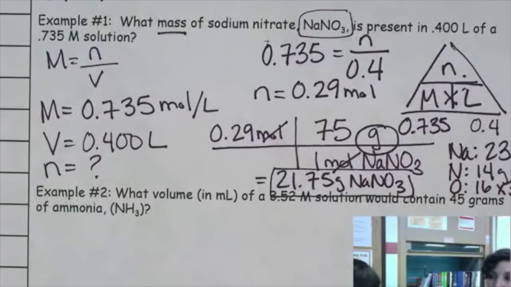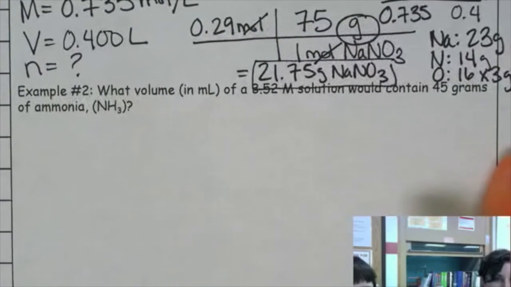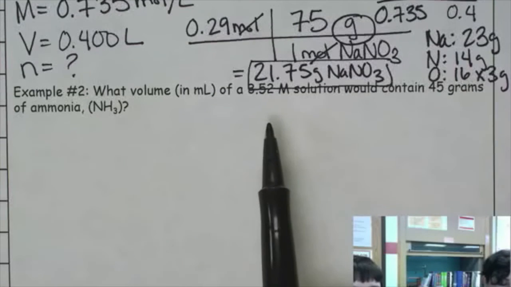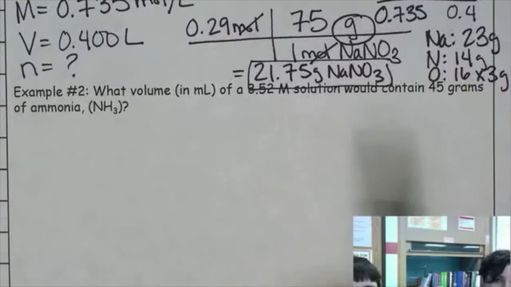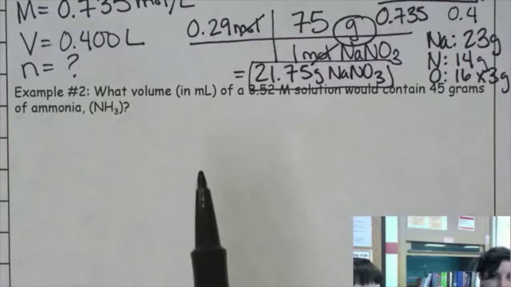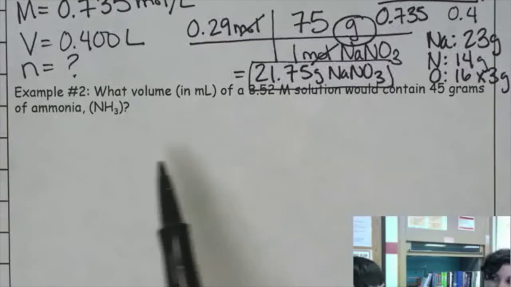Not that bad. Okay, so let's do one more. We want to know what volume in milliliters of a 3.52 molar solution would contain 45 grams of ammonia. They gave us grams, but we need moles to find the volume to plug into our molarity formula.